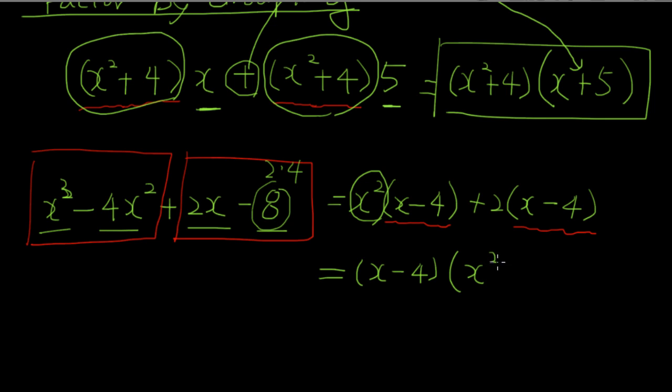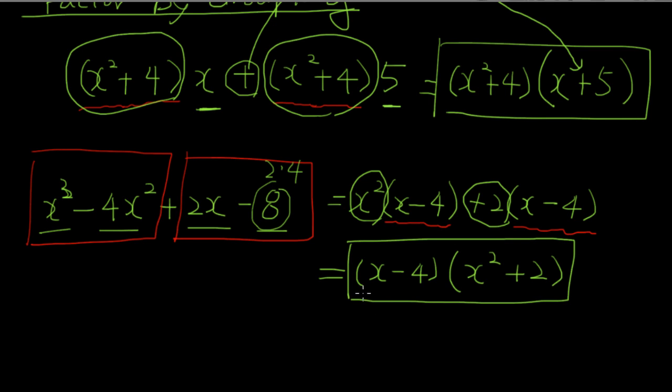And what's left behind from here is plus 2. Just like that. So that's our final answer. And this technique is what's called factor by grouping.